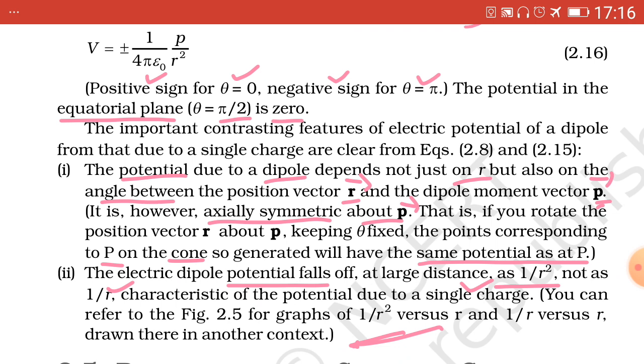It is axially symmetric about the P vector.